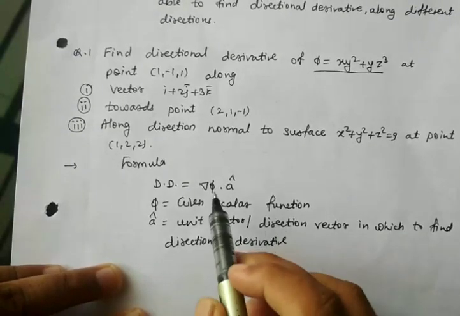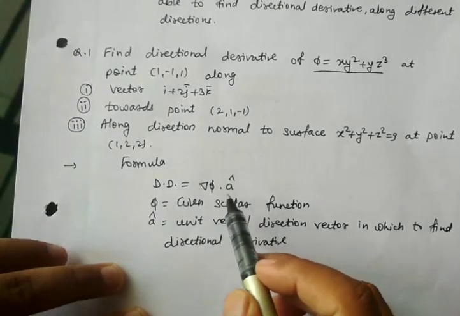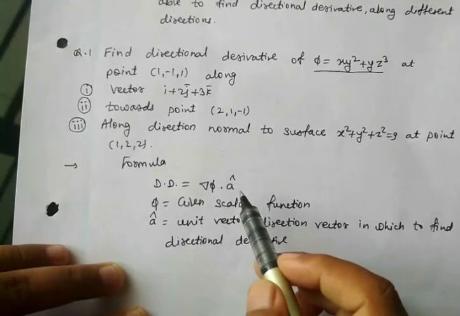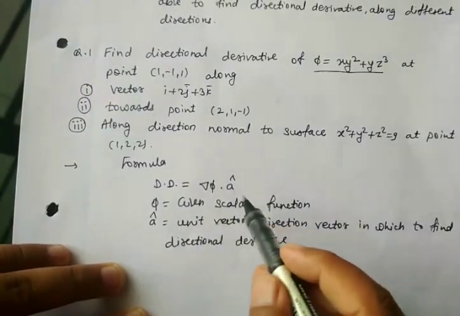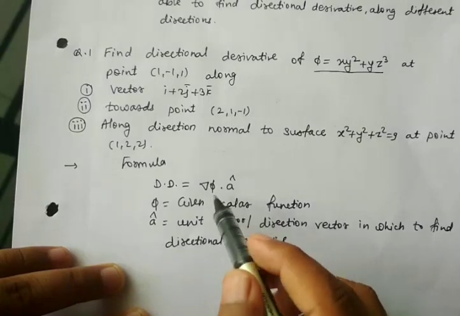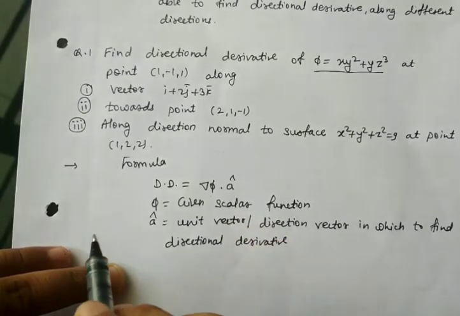So here phi is the scalar function that is given in the question, and a cap is the unit vector. It is also a direction vector, in which direction we have to find the directional derivative of this scalar function phi.